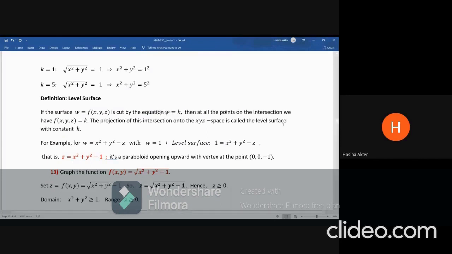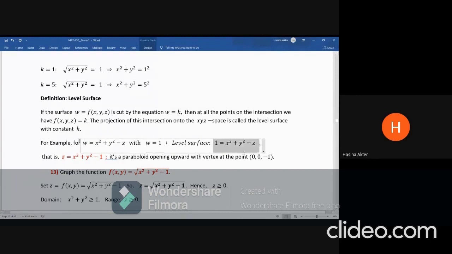Then the intersection is given at any point at the intersection. We have this equation, and if you take the projection on the xyz space, then you will get a 3D object, and that object gives us the level surface. For example, if you have this one, and if you intersect it with the equation w equals 1, then the level surface is going to be this.